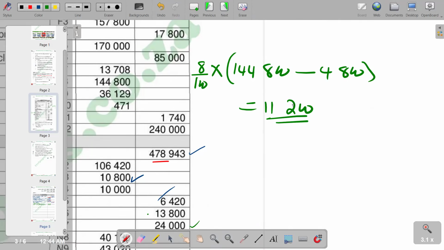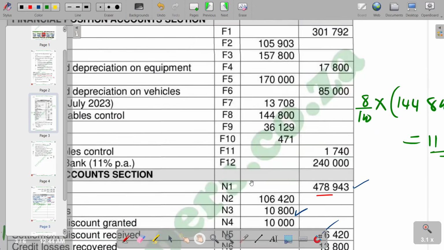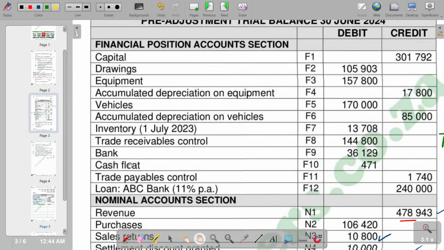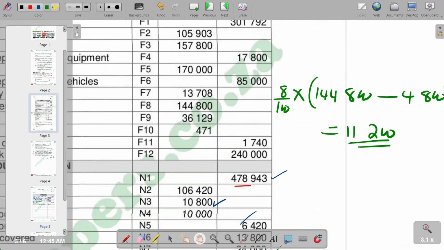So we need to compare it with the previous year's allowance for credit loss, which will be given in the pre-adjustment trial balance. So if you check for allowance for credit loss, we see that we are not having it. It should be under the financial position account section, but it's not appearing, which means if it's not appearing, it means it is zero. So we have got a movement that we are seeing from 0 to 11,200. So in this case, it's an increase.